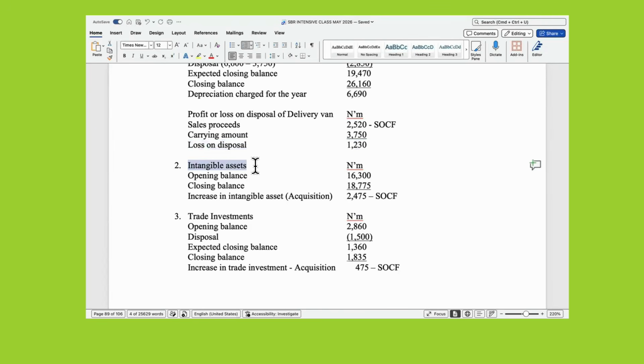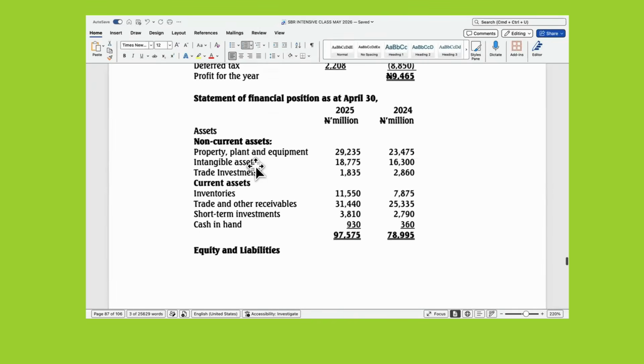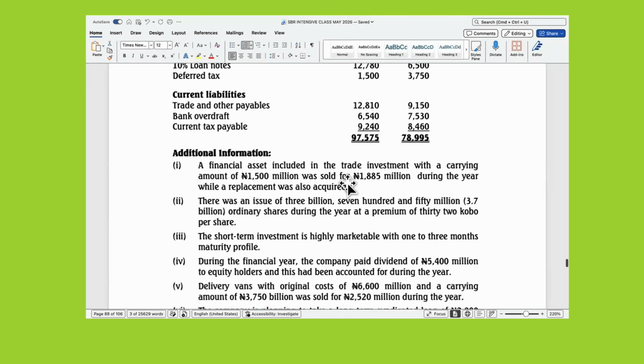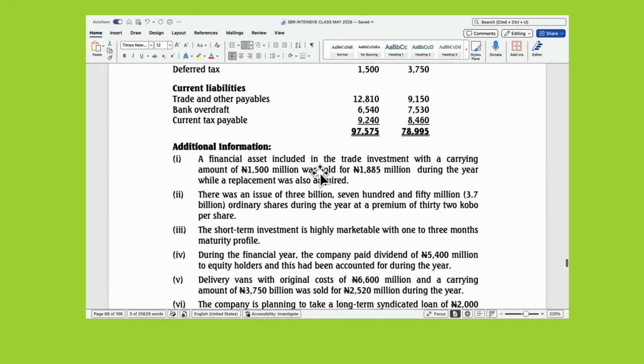And that's intangible asset. Then I move to the next item, which is trade investment. This one went down from 2,860 to 1,835. But the question already explained to us in note 1 the movement in trade investment, that they sold some trade investment. Yes, Sandra, please go ahead.